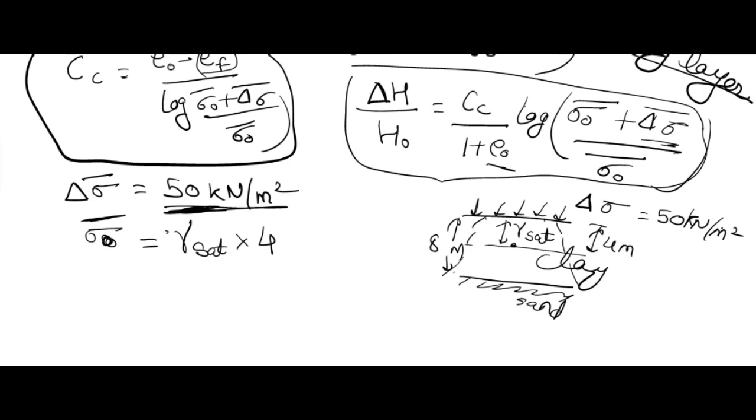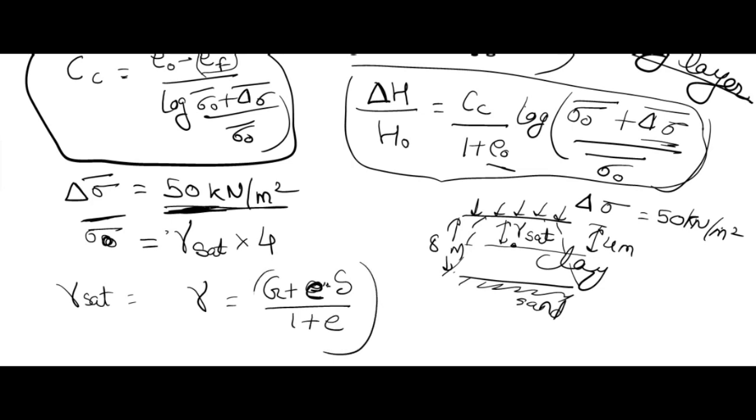Okay, so now we have to find the gamma sat. For that we should know the unit weight formula. Unit weight gamma is given as (G plus Es) into gamma W divided by (1 plus e), where S is the degree of saturation.